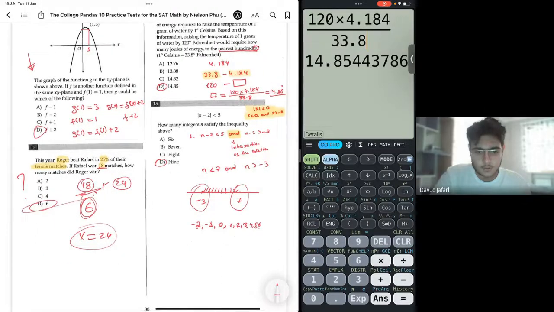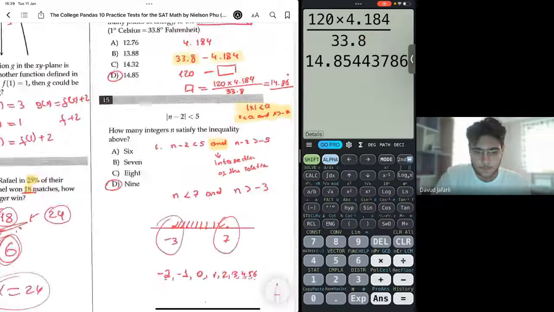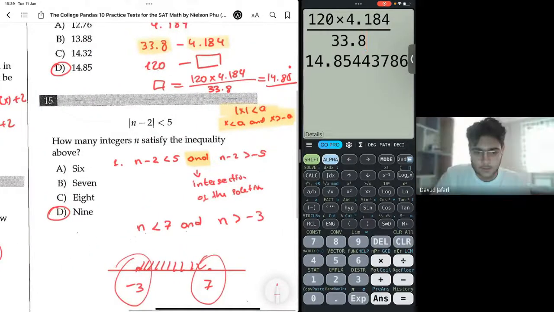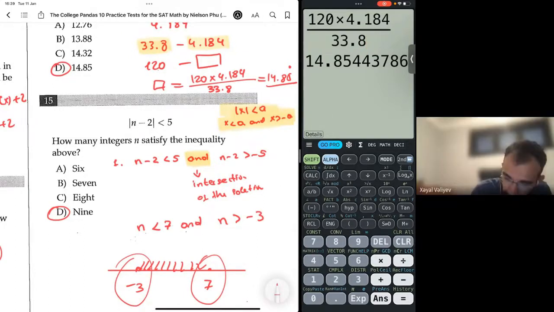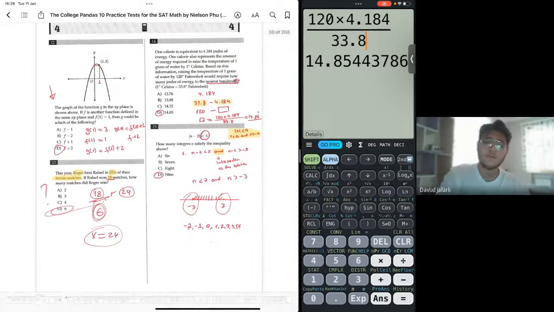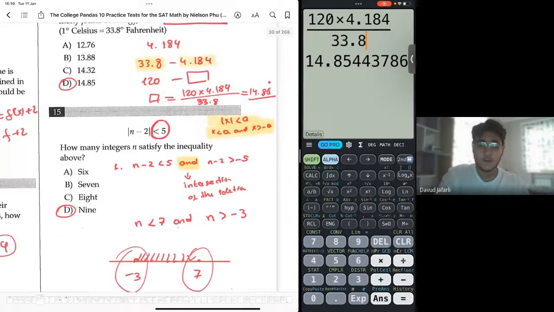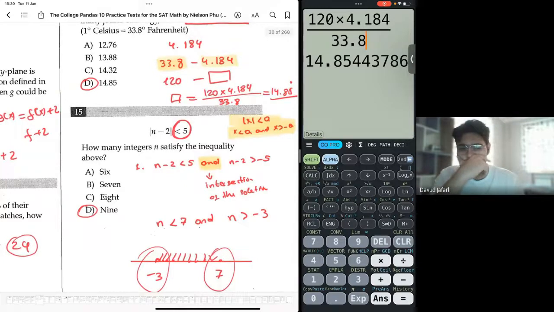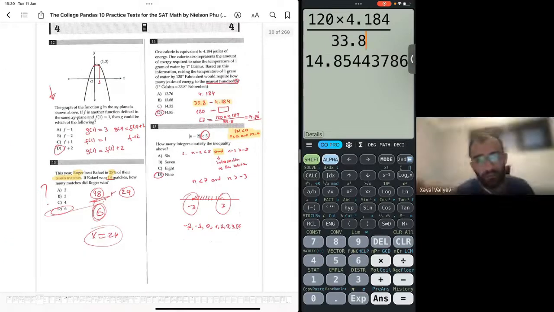Because they're not between negative 3 and 7, because it's not saying less than or equal to. But wait, yes, well, wait a minute.